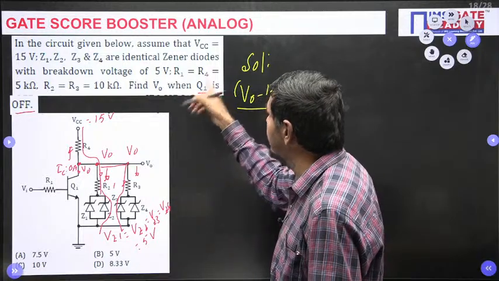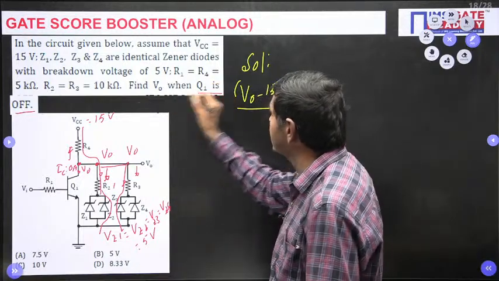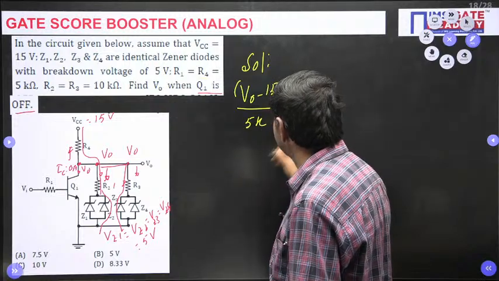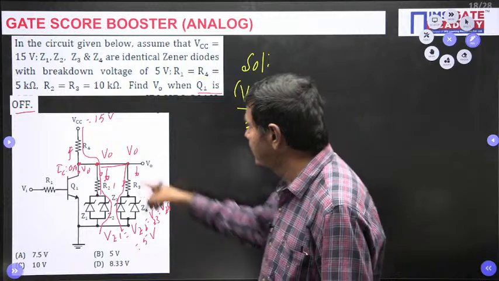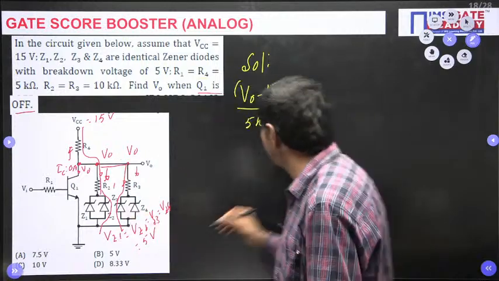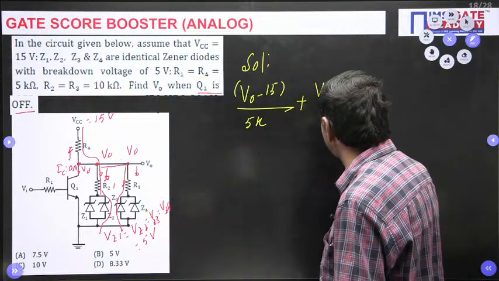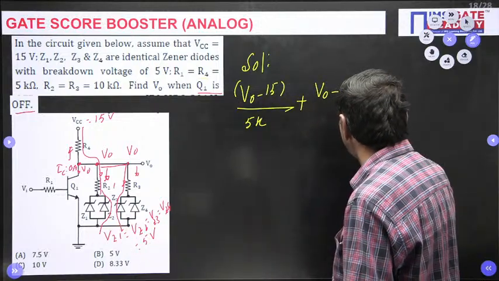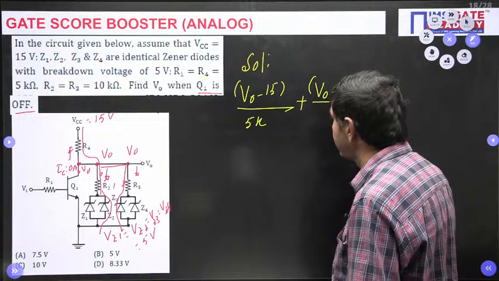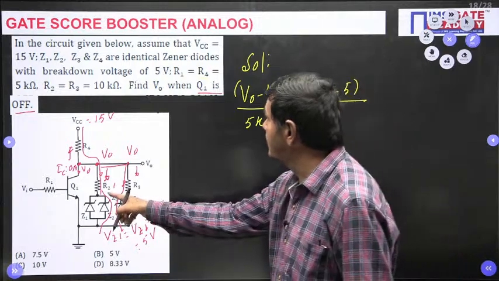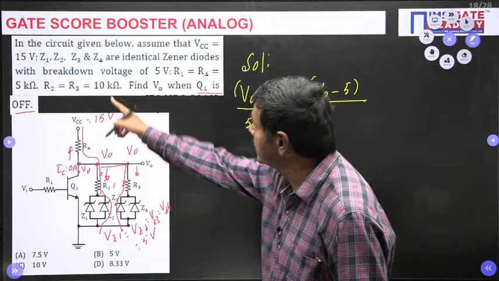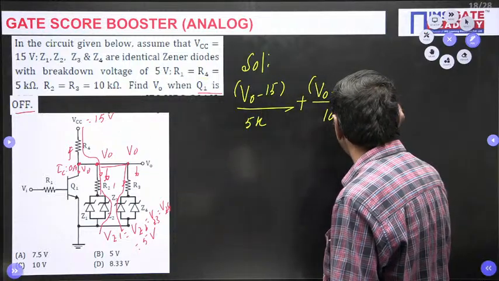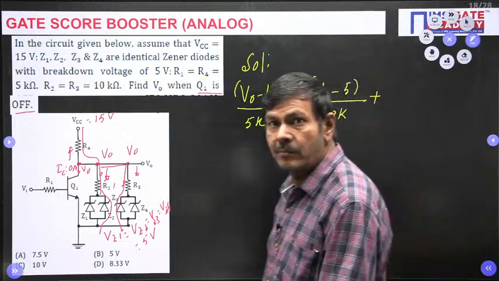What is R4? R4 is 5 kilo ohms. Plus the summation of all the currents equals 0. Next, V0 minus the Zener voltage. Parallel means the same voltage, that is 5 volts. So (V0 minus 5) divided by R2. R2 is 10K, 10 kilo ohms. Plus one more current is passing.